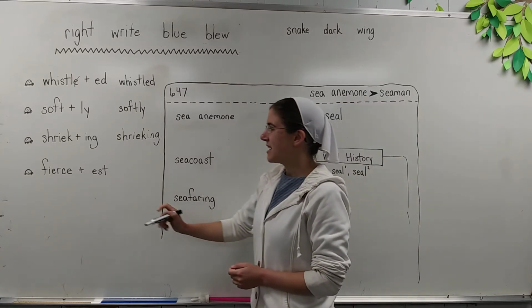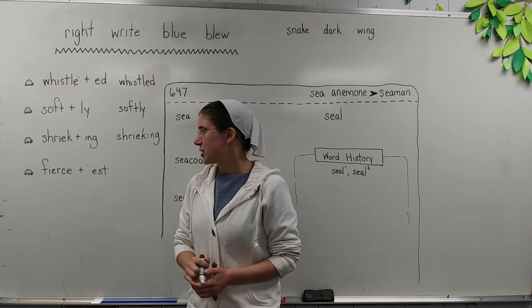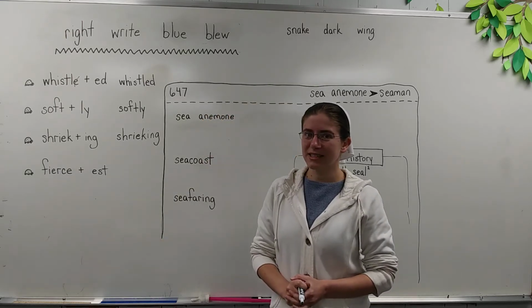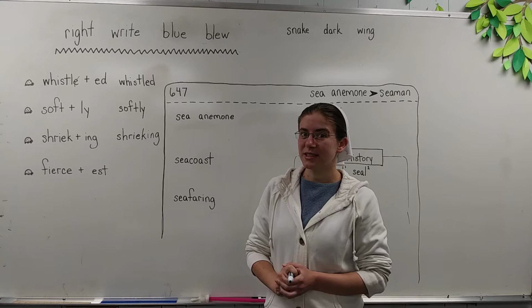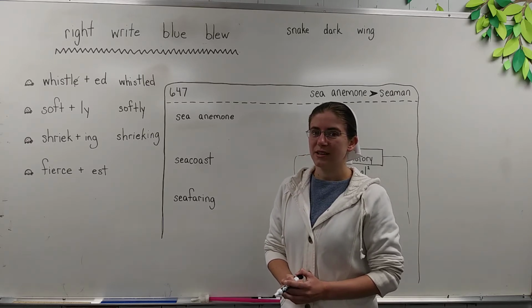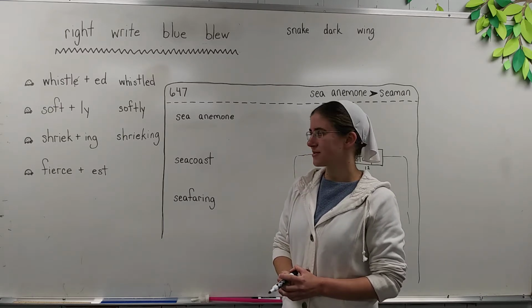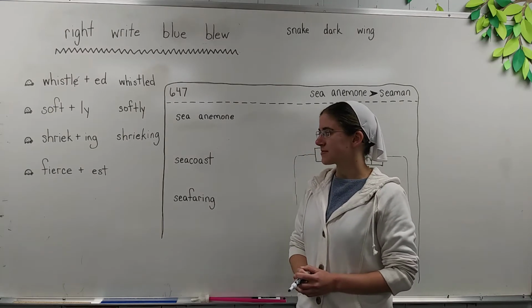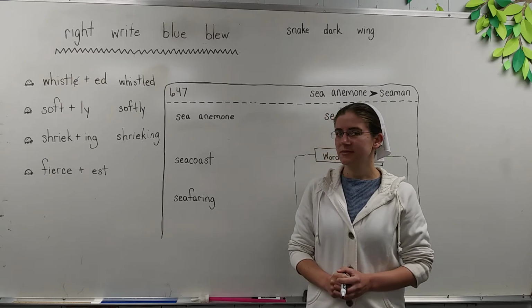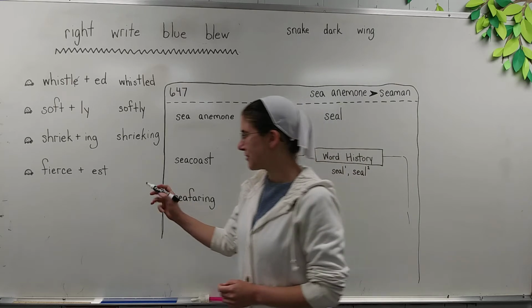All right, and the last one, fierce. Fierce plus E-S-T, fiercest. Go ahead and write the word fiercest. The black wolf was the fiercest wolf. Okay, here's the word fiercest.